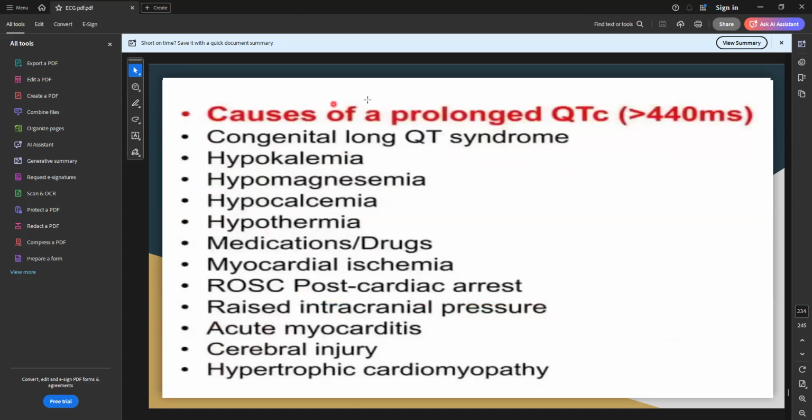So what are the causes of prolonged QT interval? There will be congenital long QT syndrome, hypokalemia, almost all the electrolyte imbalances with lower levels of electrolytes, that is hypokalemia, hypomagnesemia, hypocalcemia, and hypothermia. You can prominently see the prolonged QTC in hypothermia and hypokalemia, and in patients on certain drugs, myocardial ischemia and ROSC post cardiac arrest.